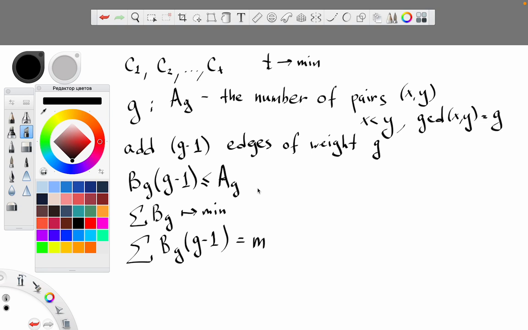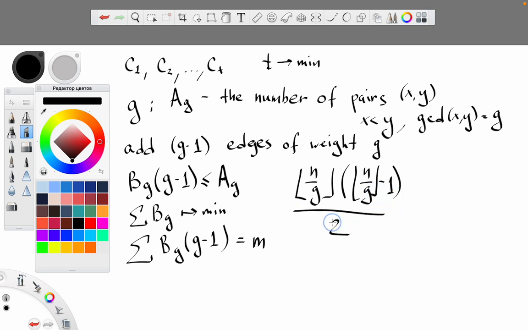Okay, that's a simple inclusion-exclusion, right? For how many pairs is their GCD divisible by G? Well, they both should be just divisible by G, and that's it. So that number is n divided by G rounded down times n divided by G minus 1, divided by 2.